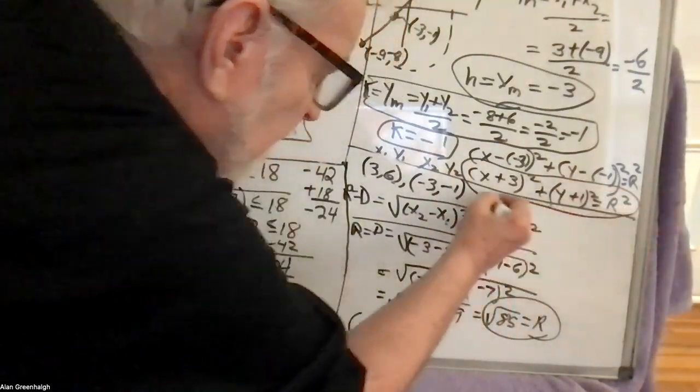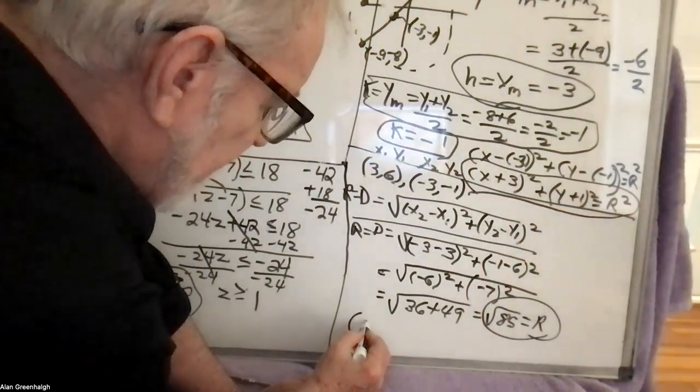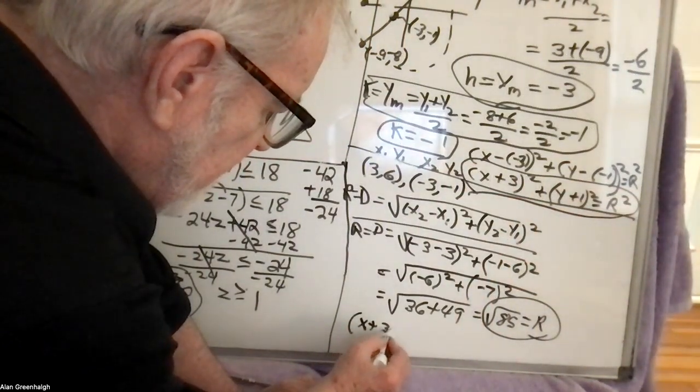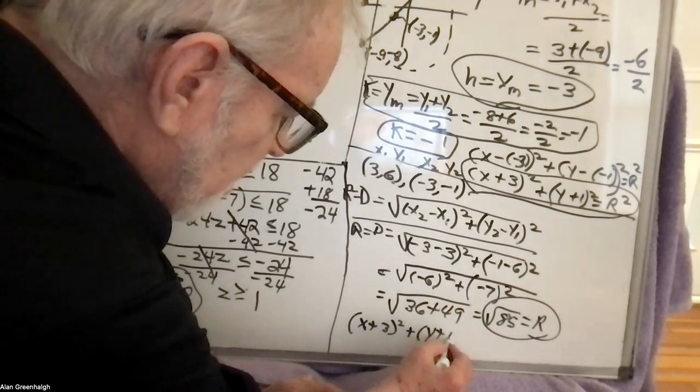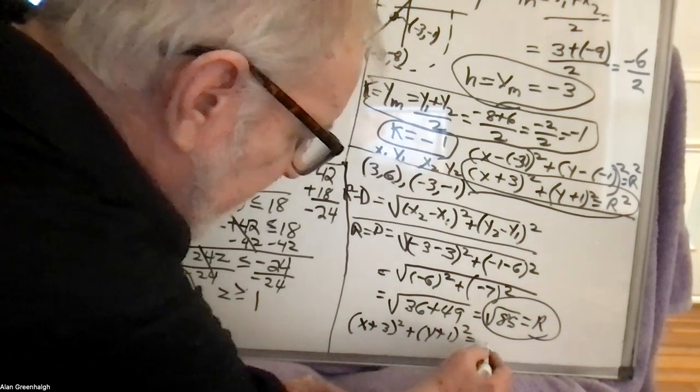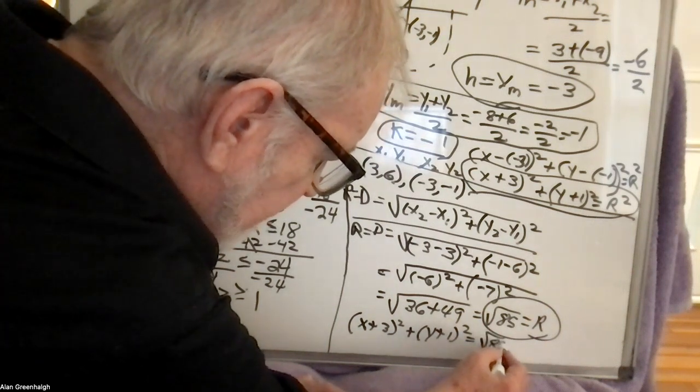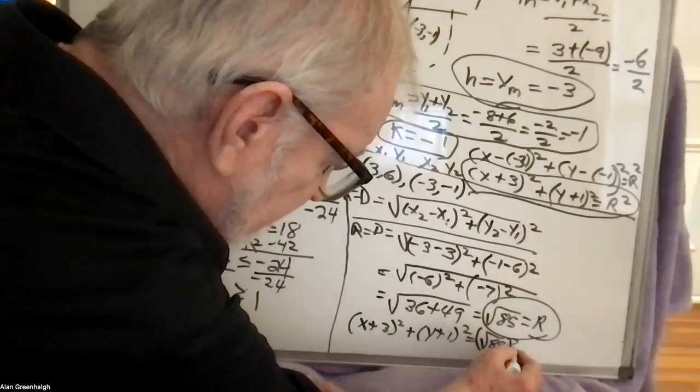This goes down here, x plus 3 squared plus y plus 1 squared equals the square root of 85 squared.